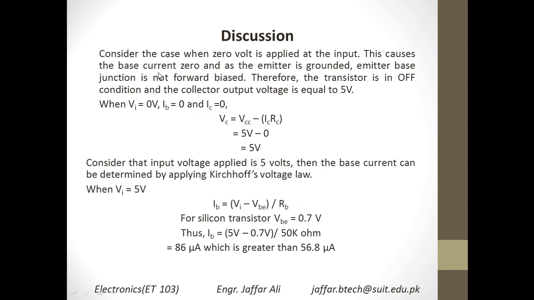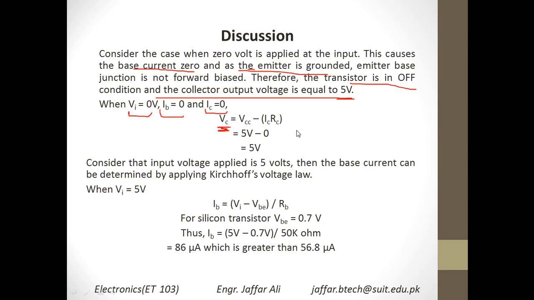So you know that if you apply 0 voltage at the base, and the emitter is grounded, there will be 0 base current, and the emitter base junction is not forward biased, therefore the transistor is off, and the collector output voltage is equal to 5 volts. So when you apply Vi equal to 0, IB becomes equal to 0, and IC becomes equal to 0.